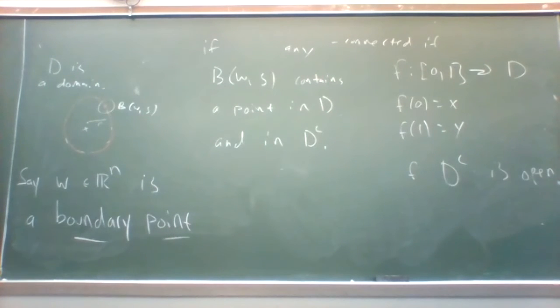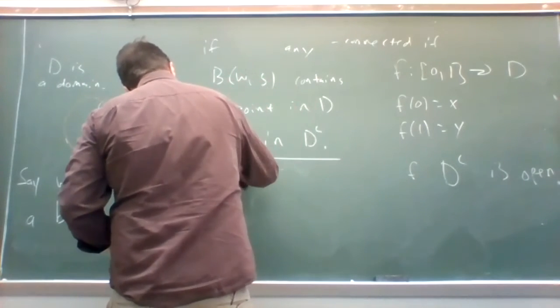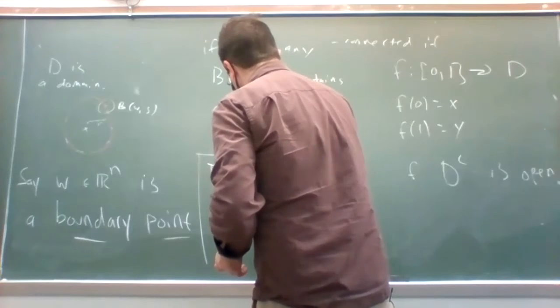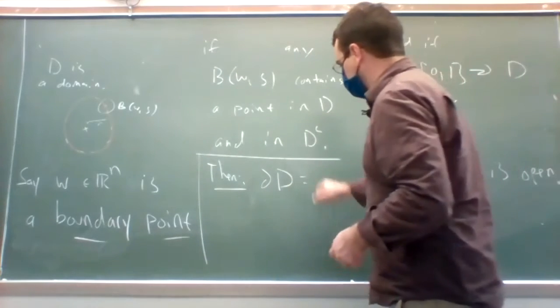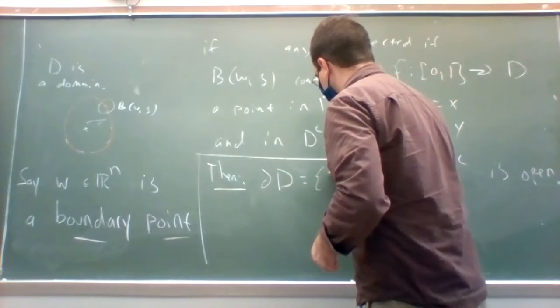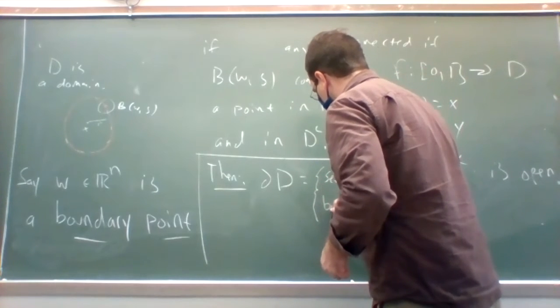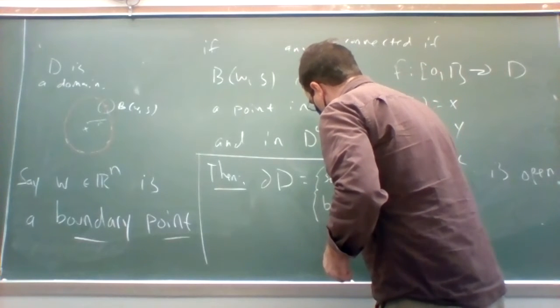And if you do that, then you're a boundary point. And then we'll define the boundary of D to be the set of boundary points.